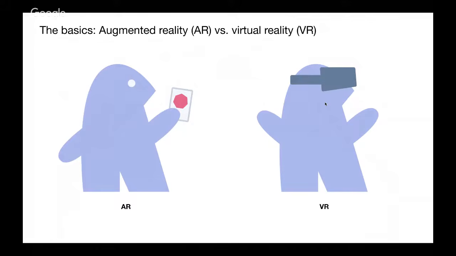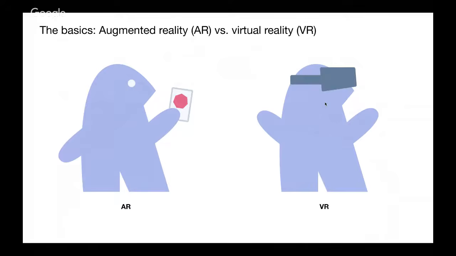To get started, what is augmented reality? We kind of know what virtual reality is. You strap on a headset, you can look around and freely move through the space. Augmented reality has a lot of similarities to that, but the main difference is that the virtual content is overlaid on the real world.